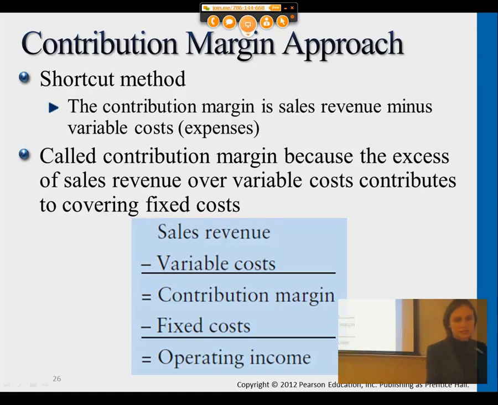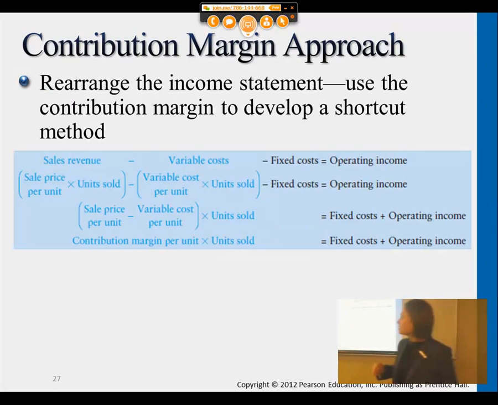We're going to take sales revenue, subtract the variable cost, and that's going to be my contribution margin, and then subtract fixed cost, and that's my operating income. Just another point of view of looking at the operating income. This should clear things up.